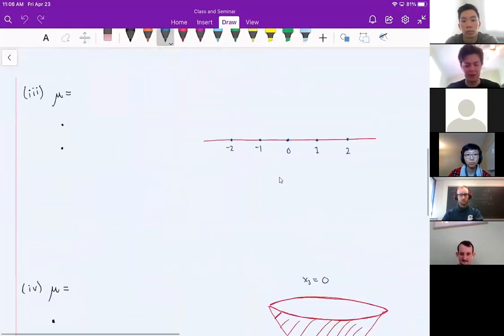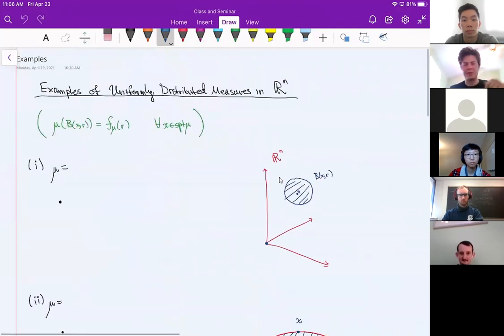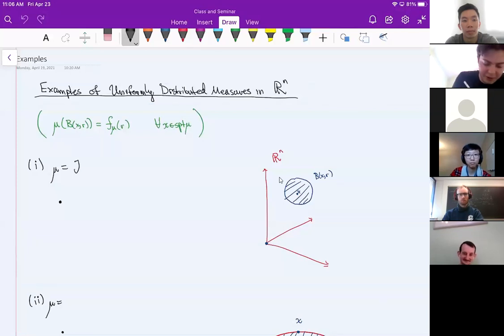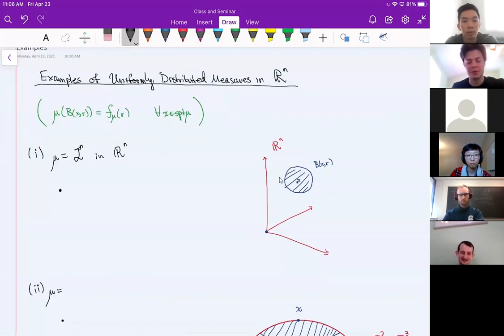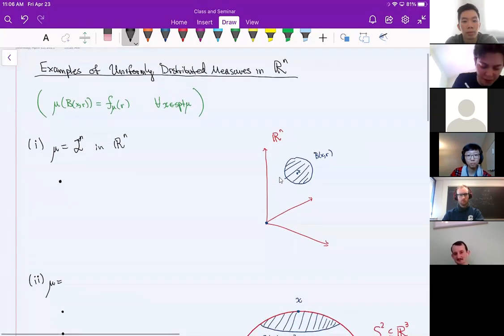Okay, so with that, let's get into some examples. Number one, we already talked about this, is just L^n in R^n, which is just Lebesgue measure in R^n. For this one, what's the distribution function f_mu of r?